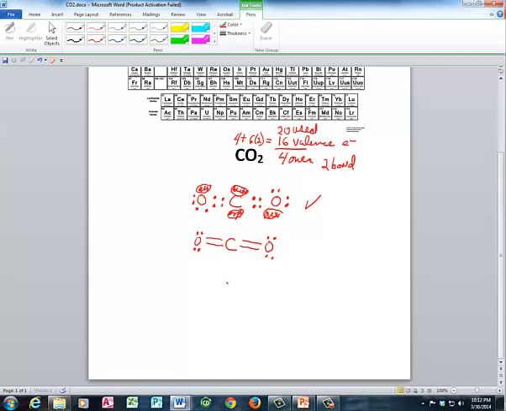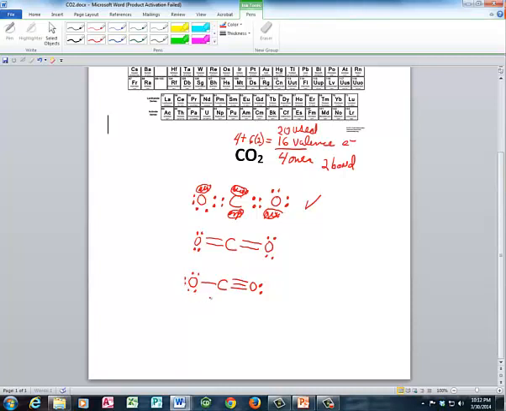Now, the truth of the matter is, I could have elected to draw my carbon dioxide molecule obeying all the rules of Lewis structures, and I could have wound up with this structure. And this structure still obeys the octet rule. It has 16 electrons: 2, 4, 6, 8, 10, 12, 14, 16.